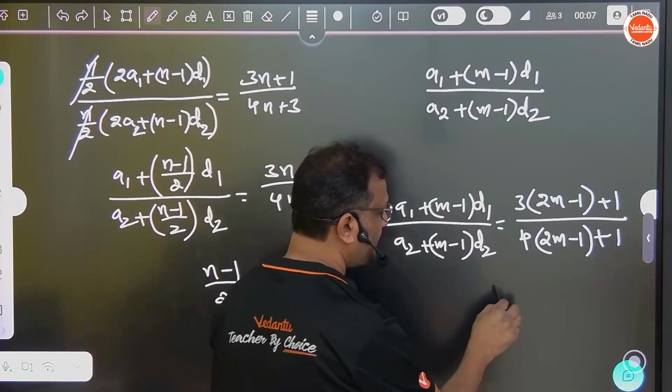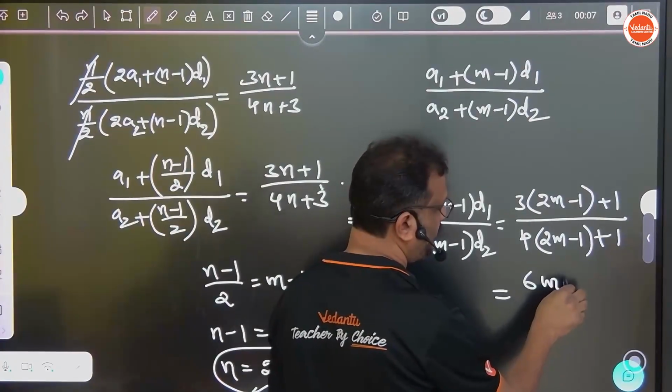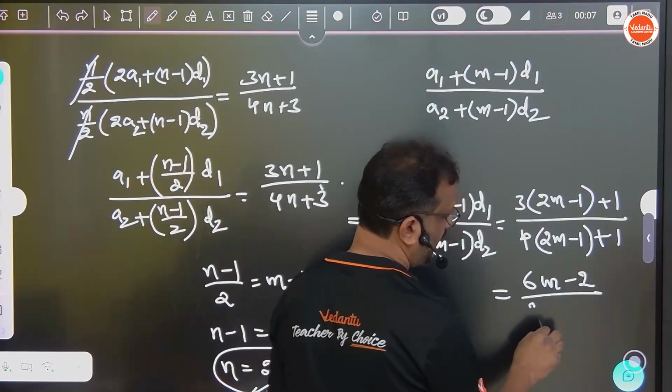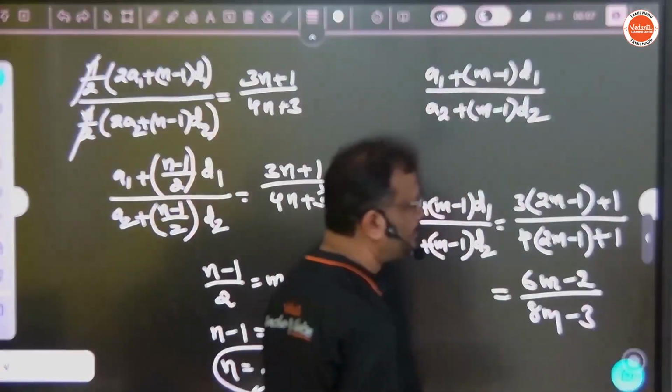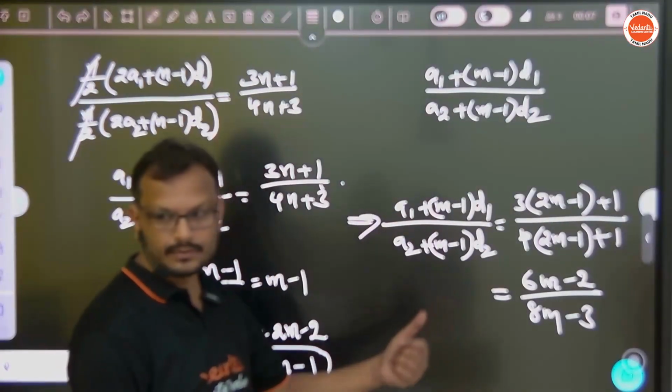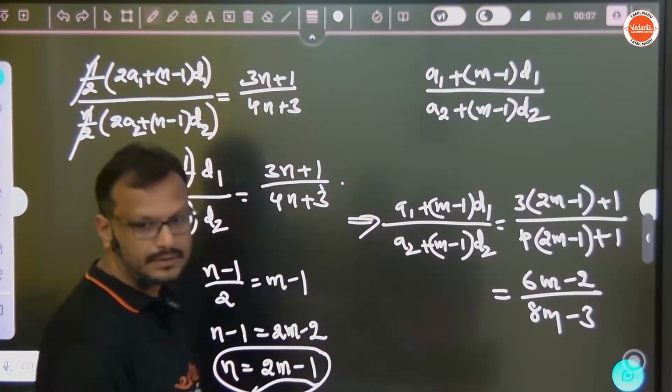So overall it is 6m minus 2 by 8m minus 1. That is the ratio of the mth terms.